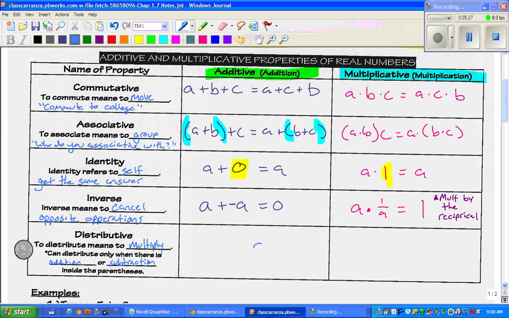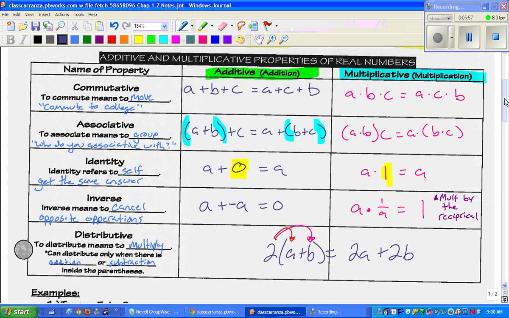So, if we have 2 parentheses a plus b, when we distribute, you get 2a plus 2b. All right, and those are all the properties.